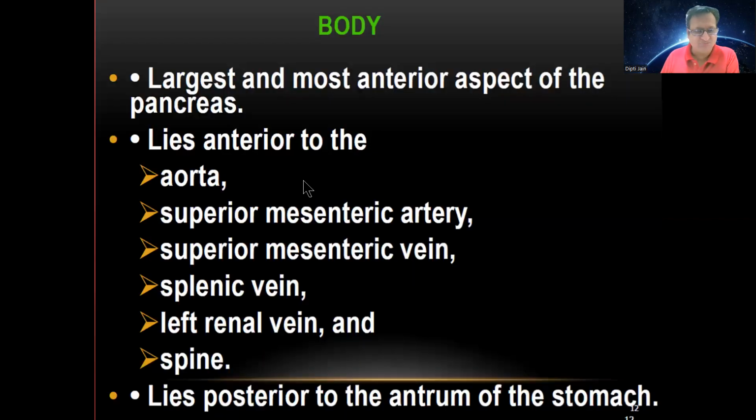Now body. Body is the largest and most anterior aspect of the pancreas. It lies anterior to the following vessels: aorta, superior mesenteric artery, superior mesenteric vein, splenic vein, left renal vein, and spine, and it lies posterior to the antrum of the stomach.